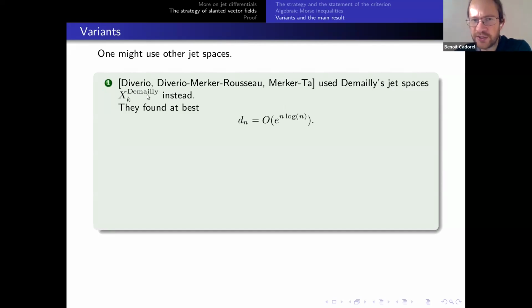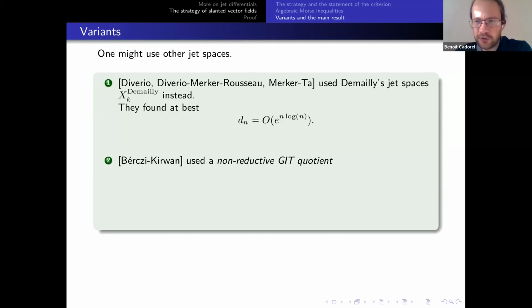A feature of these spaces, for example, is that they are smooth. So the intersection theory on them is quite well behaved, even though it is quite difficult. And so what Bérczi and Kirwan did actually was to replace the use of this Demailly jet space by a different version constructed using non-reductive GIT techniques.